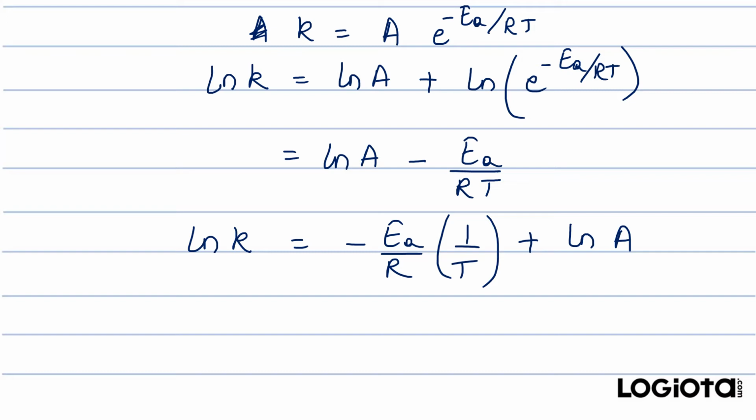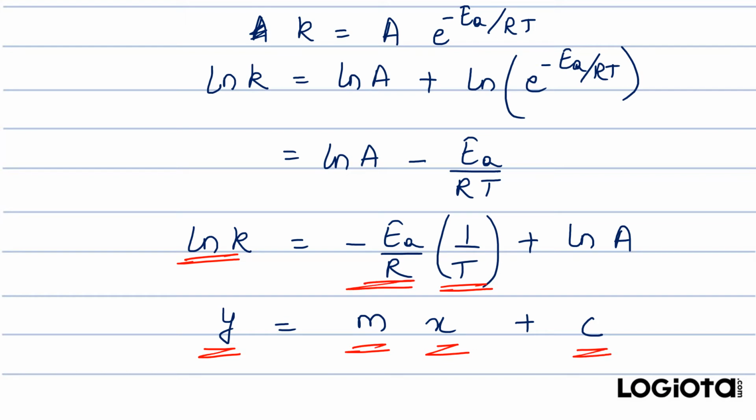So what we will do is compare this equation with the equation of a line, which is y is equal to mx plus c, right? On the y-axis we plot ln of k, on the x-axis we plot 1 by T, and from that plot the slope, which is m, is minus EA over R, and the intercept, which is c, is equal to ln of A. So the slope is minus EA over R, right?